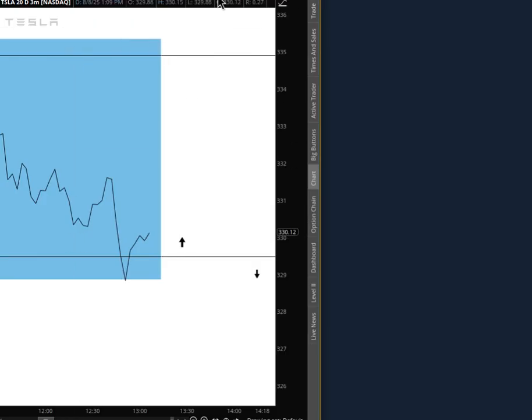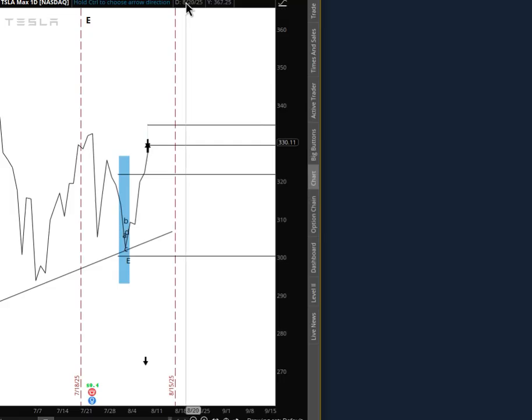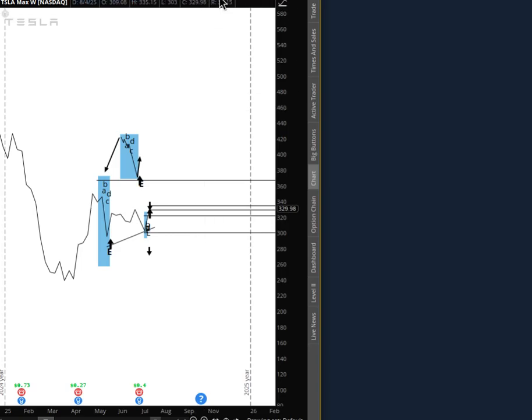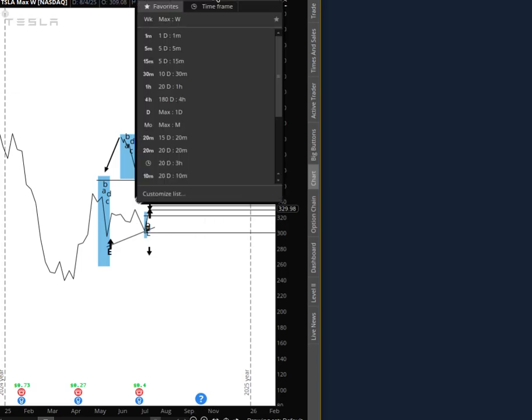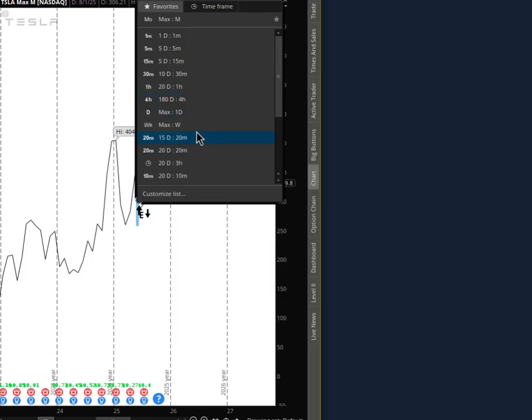So we're going to have to go back to our original fractal. I believe that was on a daily basis. No. Maybe that was on a weekly basis. No. Was that on a monthly basis? No. We'll have to go back to the video to find out what time frame I put that in.